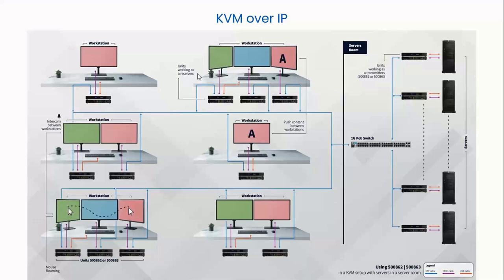Some other capabilities of this product is that you can push content from one workstation to another. So in this case, for example, I might be working here and I see something that I want to share with a colleague on another workstation. I can push that content onto him and request him to share the screen with me.